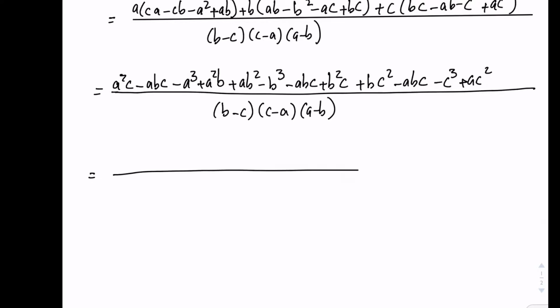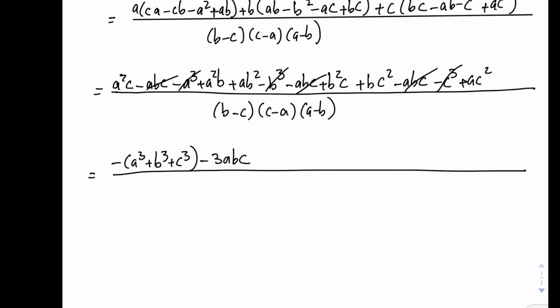Let's simplify the numerator a little bit more. Let's put all the cubed terms in one parenthesis, so A cubed, B cubed, and C cubed with the sign of minus, and then we have three ABC terms, so minus 3ABC.